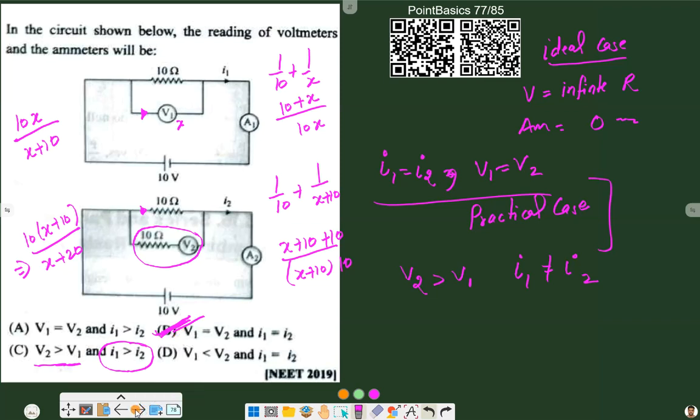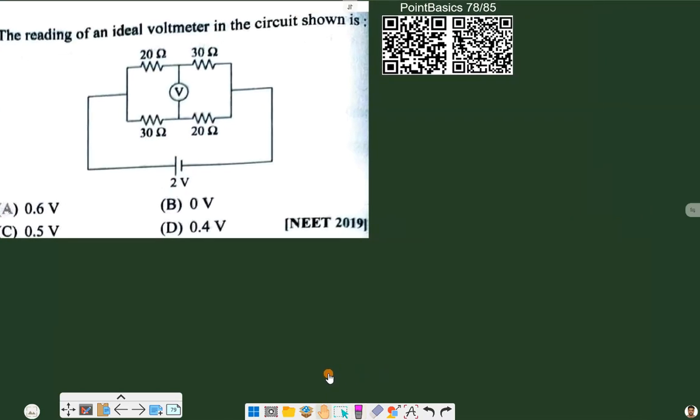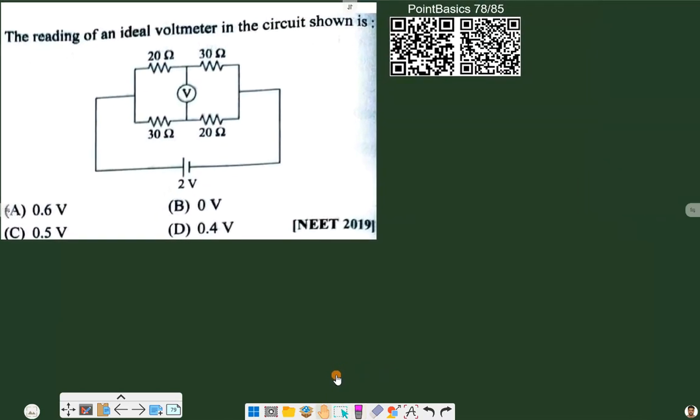Moving to the next one, the reading of the ideal voltmeter in the circuit. For that, as we have already solved this type of question, what we have to do here is find the potential difference between the two points to which the voltmeter is connected.